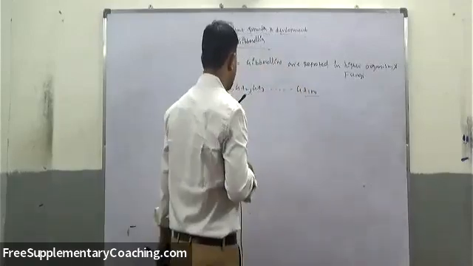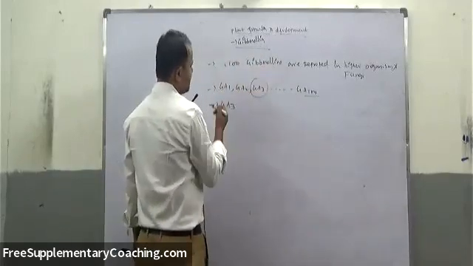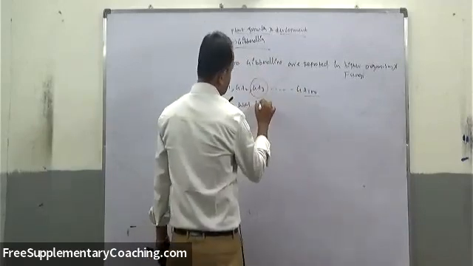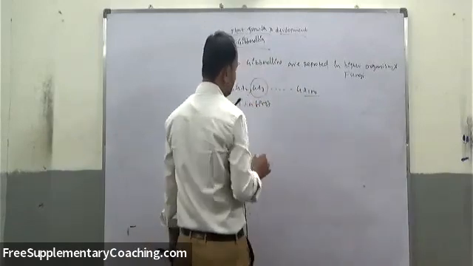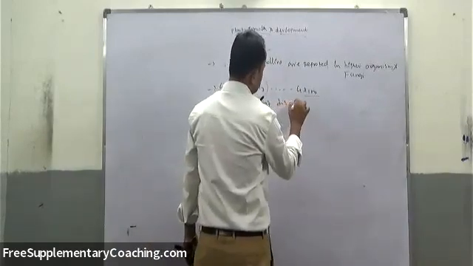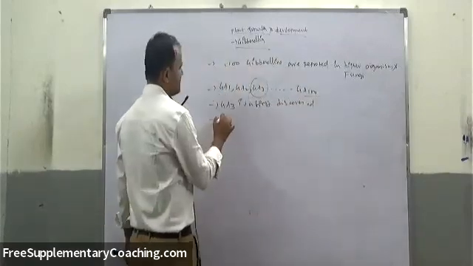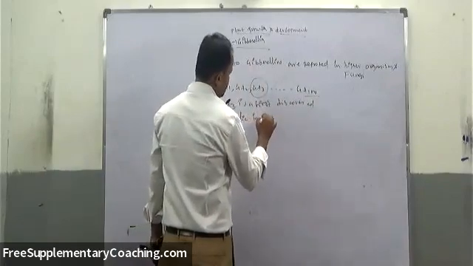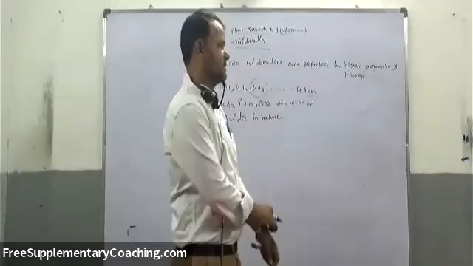Hundreds of gibberellic acids are discovered. Among them, GA3 was the first discovered. Gibberellic acid is acidic in nature.